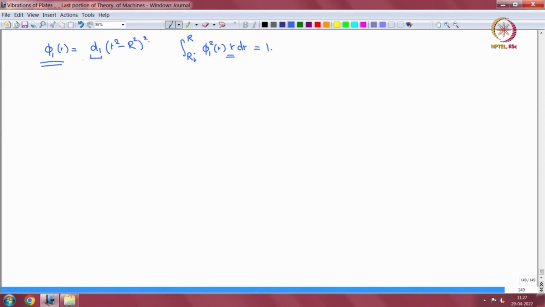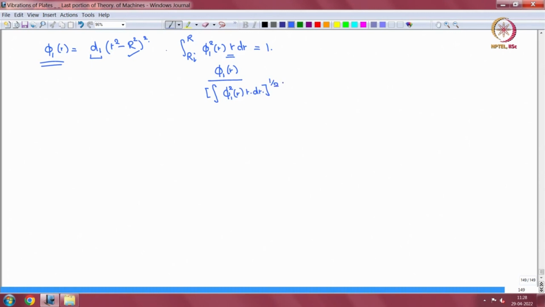Then what do we do? We take this phi 1 of r and then divide by the square root of integral phi 1 square of r dr, to the power half.